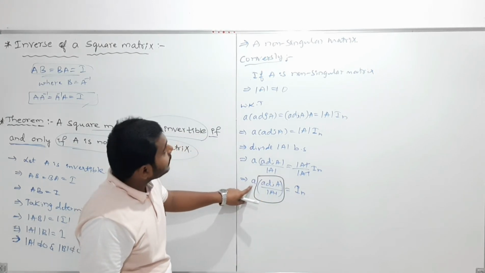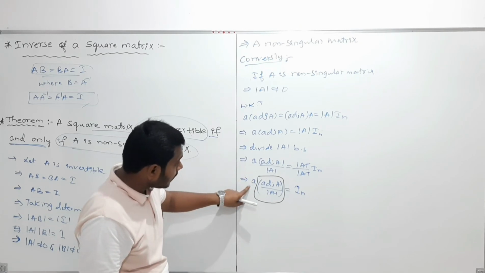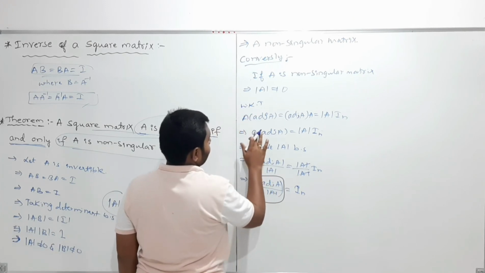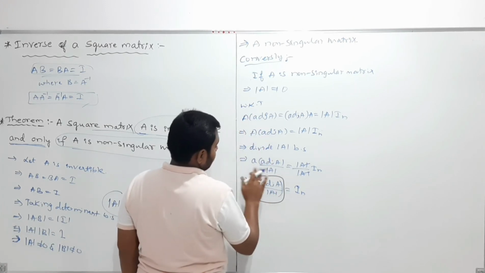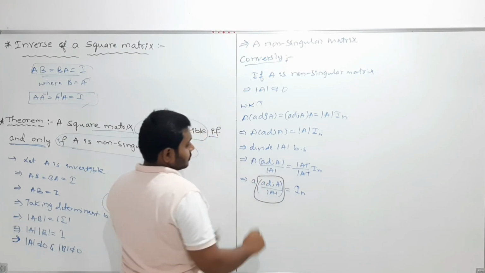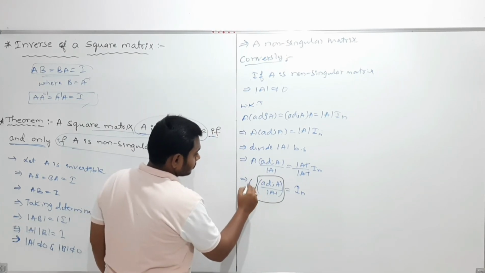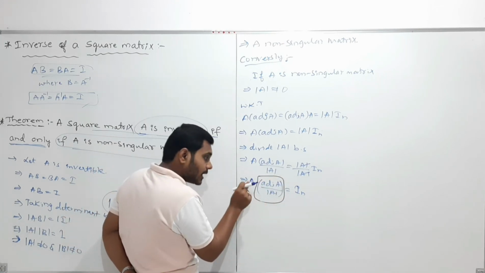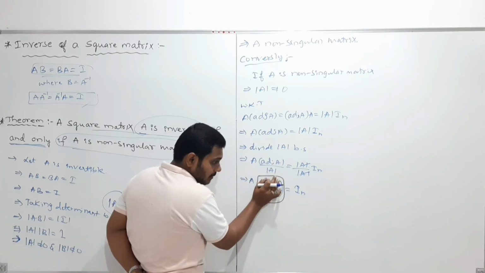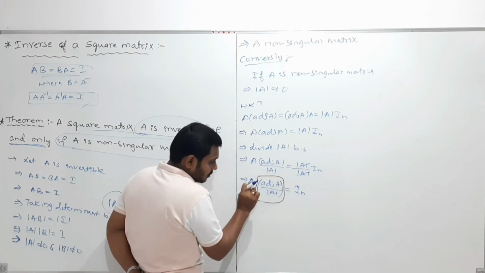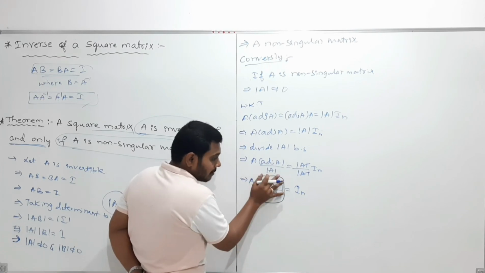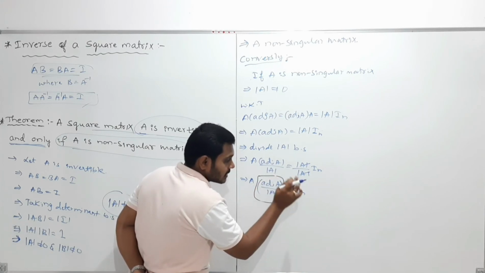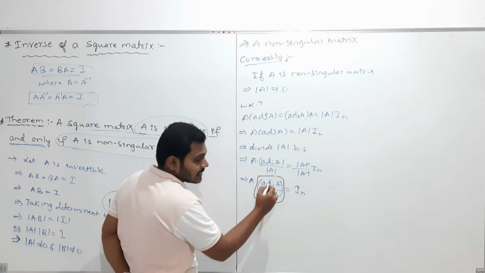So to this matrix A, I am multiplying with adjoint of A divided by determinant of A. After multiplying with this value, I am getting the identity matrix. If I am getting the identity matrix, this will act as the inverse.